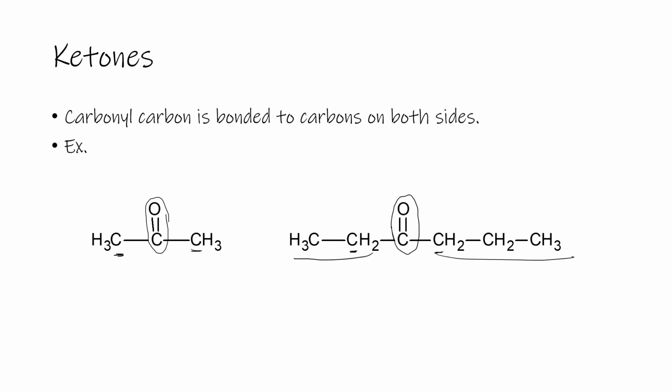So just like with aldehydes, ketones that have 4 carbons or less are going to be soluble in water. So ketones have carbons on both sides of that carbonyl. Aldehydes have a hydrogen bonding to at least one side of that carbonyl.